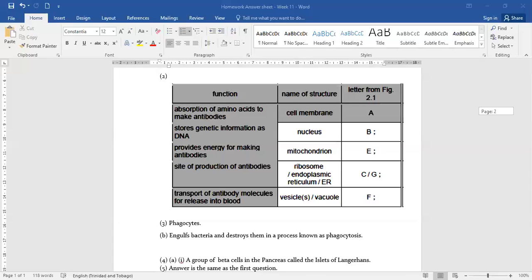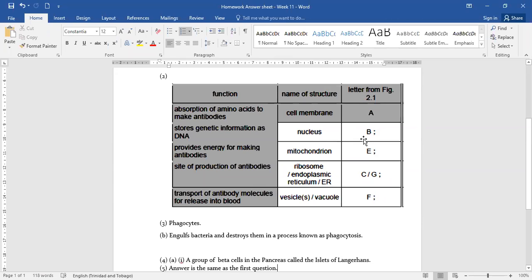Remember, we spoke about where your DNA is found in the cell, when we were doing chemicals of life, I believe, or even the structure of the cell. We said that genetic information is stored in your DNA, which is found in the center, in the nucleus of the cell.